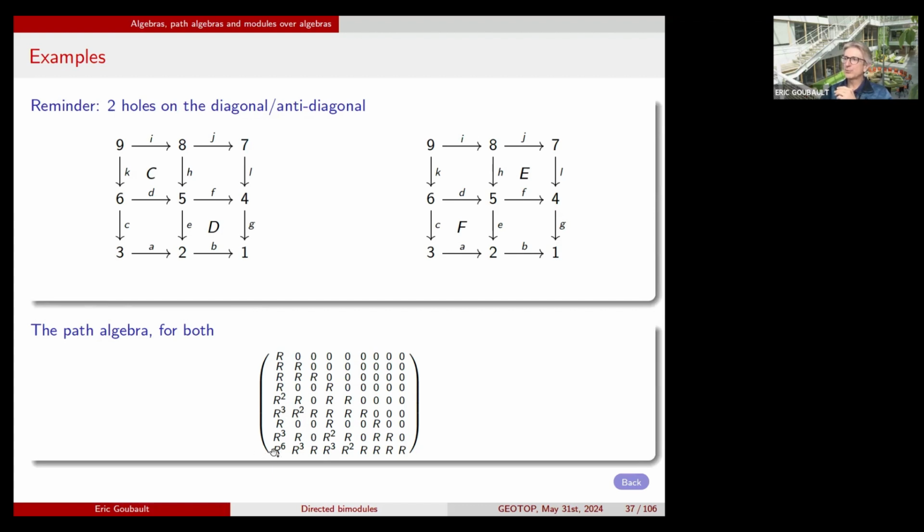Just to look at the entry 9-1 corresponds to all dipaths. So it's generated by all dipaths from 9 to 1, and if you count them, there are 6 of them, right? I, J, N, G, I, H, F, G, and so on. 6 of them, and then you can count each power of R. It's just a number of paths from I to J when you're considering entry IJ within this matrix.